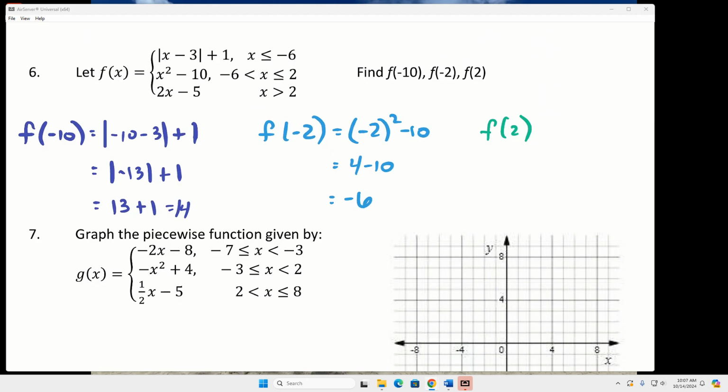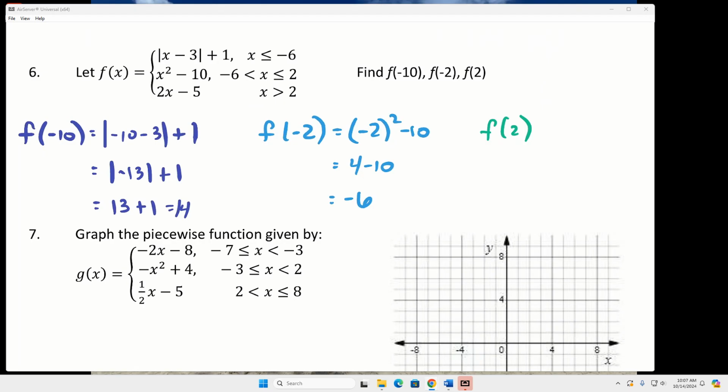All right, and then you guys try the last one on your own, f of 2. -6 again.